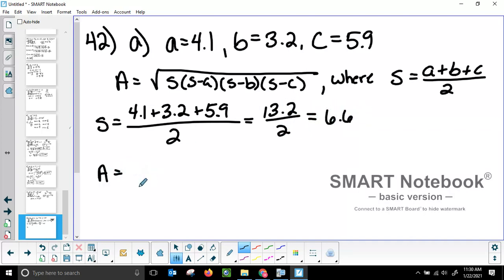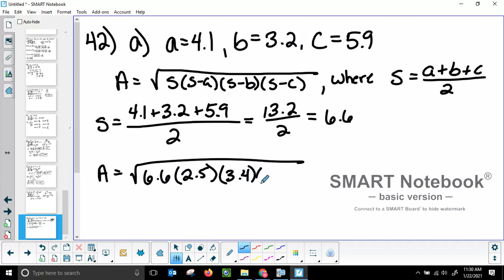So our area is going to be equal to S, which is 6.6, times S minus A, which is 2.5, times S minus B, which is 3.4, times S minus C, which is 0.7.